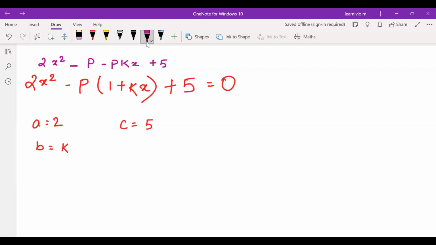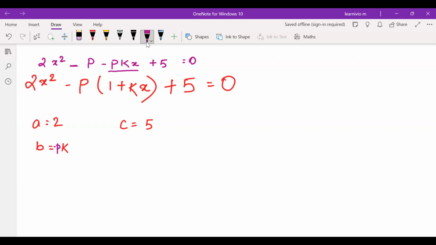Now what is the coefficient of x? Now the coefficient of x is minus pk. And that is b. B means the coefficient of x only, and c means all the remaining terms which are not a coefficient of x square and not a coefficient of x.